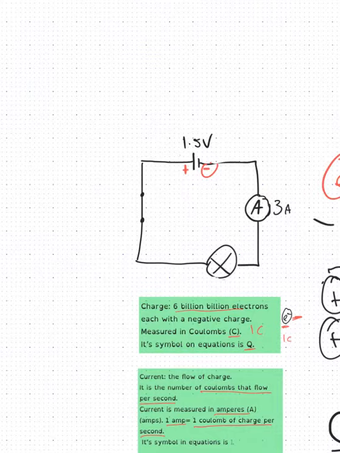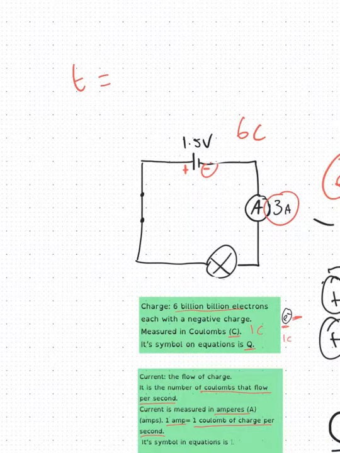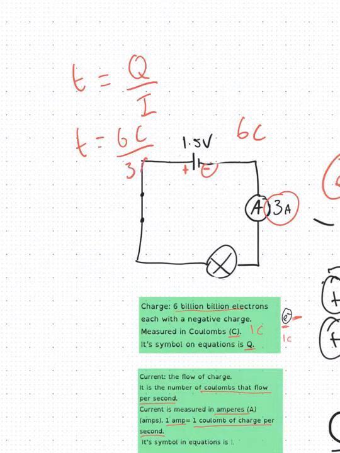If we come back to this example, the ammeter is reading 3 amps, and let's pretend that there are 6 coulombs of charge being transferred. So we need to figure out the time. Time equals Q for charge divided by current. So T equals 6 coulombs divided by 3 amps.